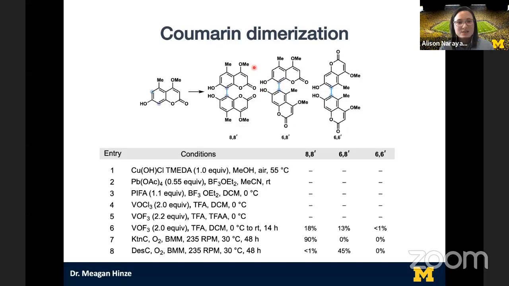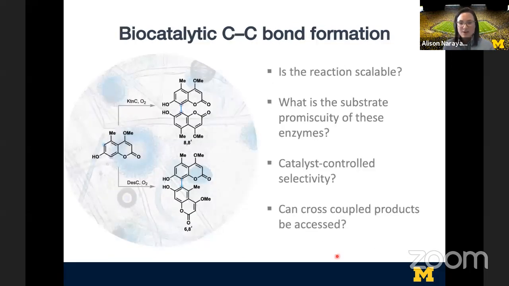We usually see what we call this 8,8' product as the major product, the second most abundant product being this 6,8' coupled product, and then we would always see very small amounts of the 6,6' product under small molecule mediated conditions. What was really exciting is that one of these enzymes, KtnC, is perfectly selective for the 8,8' product, and DesC is mostly selective for the 6,8' product. So we thought this might be a great platform to explore for catalyst-controlled selectivity in this oxidative coupling reaction.